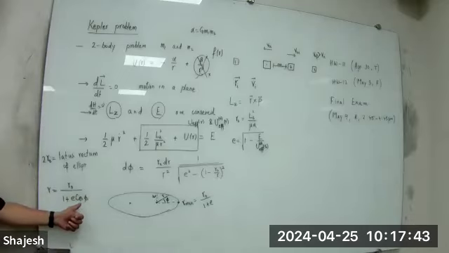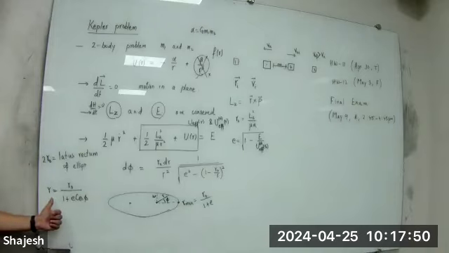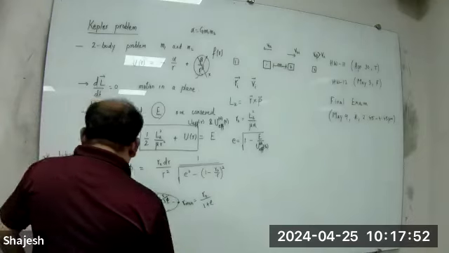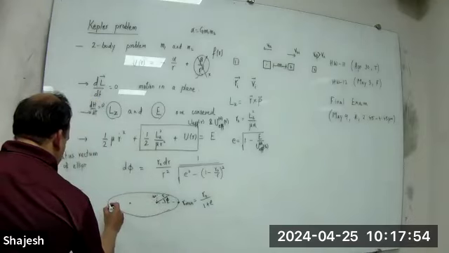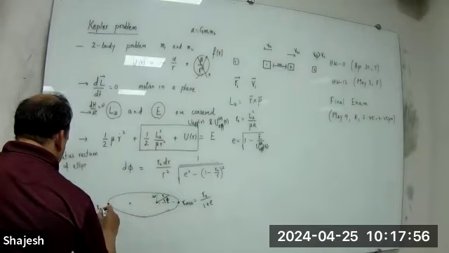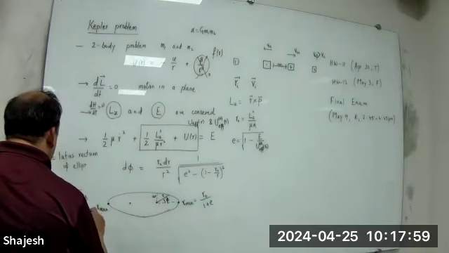So when cosine phi is a maximum, then R is a minimum. So it is 1 plus E, and the maximum value the radius can take is R max, equal to R naught over 1 minus E.